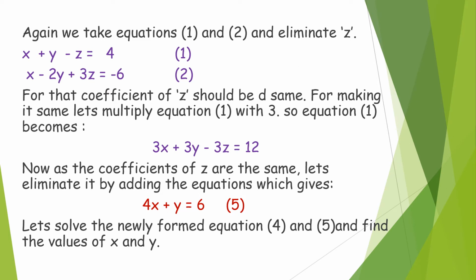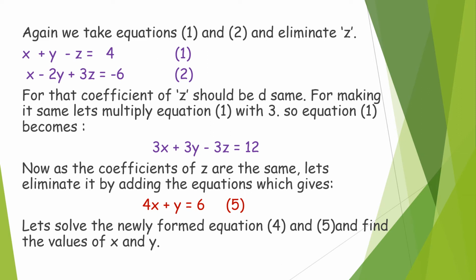Again, let us take equation 1 and 2 and we will eliminate z. We can see that the coefficient of z in equation 1 and 2 are not the same. In order to make it the same, let us multiply equation 1 with 3. So equation 1 becomes 3x plus 3y minus 3z equal to 12.